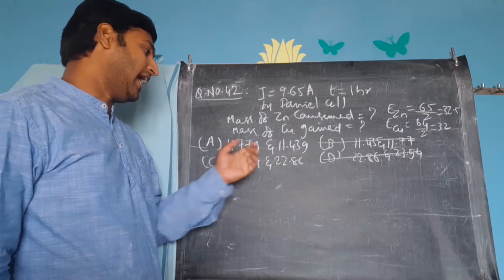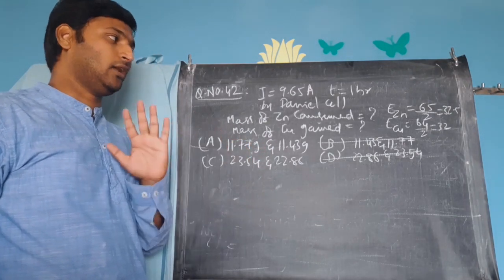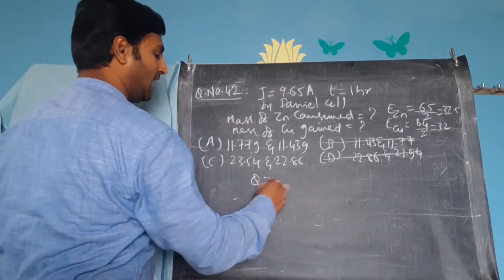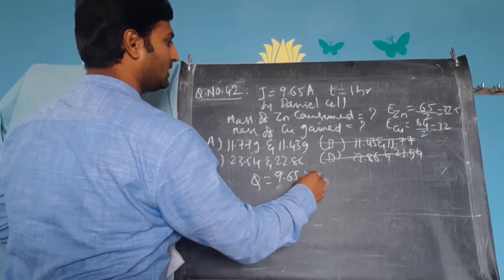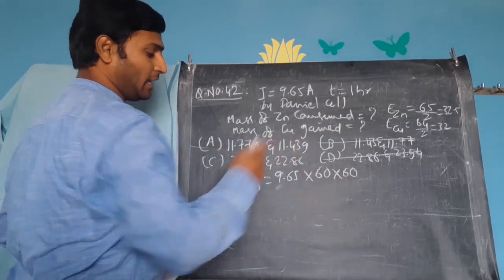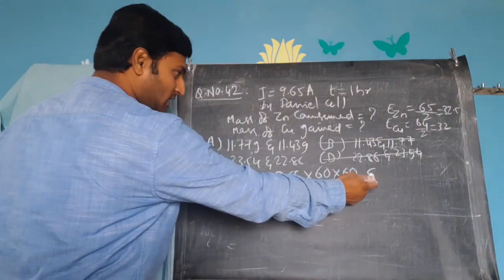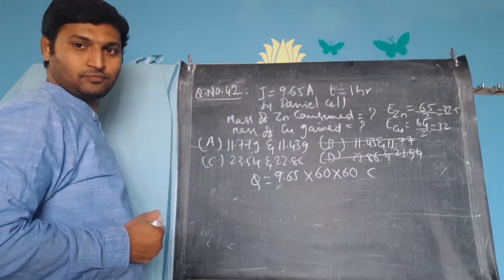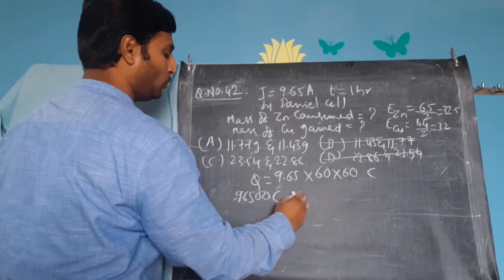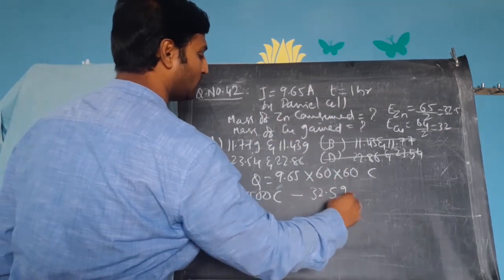Now it is enough if I calculate one because the options are absolutely different from each other. Any one I calculate would be enough. Now charge is 9.65 into 60 into 60 because he has given 1 hour but I have to take time in seconds. 9.65 into 60 into 60 coulombs is the charge drawn. 96,500 coulombs would consume 32.5 grams of zinc.